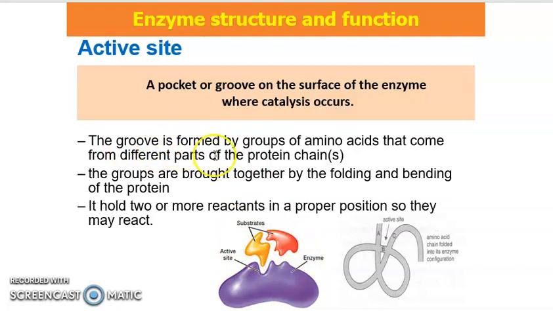The groove is formed by a group of amino acids that come from different parts of the protein chain, and the groups are brought together by the folding and bending of the protein. So it holds 2 or more reactants in a proper position so they may react. Awak tengoklah based on the structure of the enzyme here, it has an active site, which serves as a site for the binding of the substrate.